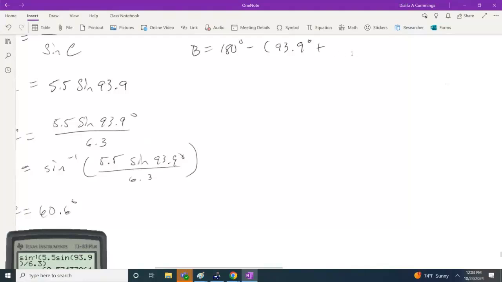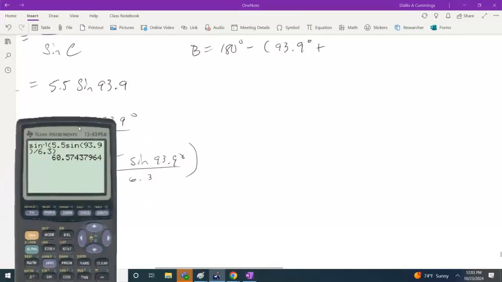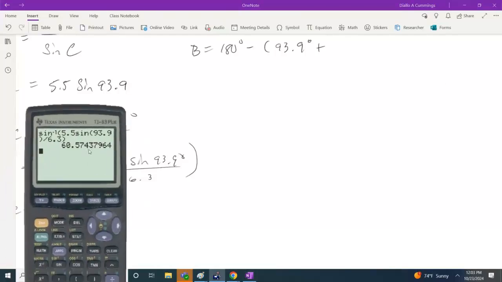So that means I actually rounded 60.6 here. I'm going to put in 60.57437, so I'm going to write it out as 60.5743... I'm really going to just keep this value in my calculator, which is 60.57.